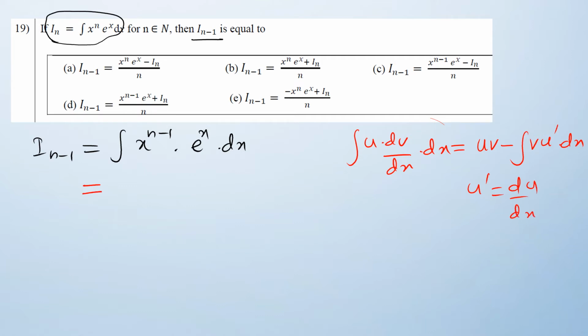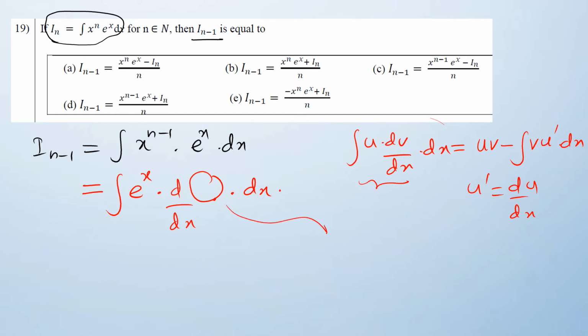So we have to convert this multiplication into u dv form. Let's consider e^x as u. Then we need a function v, such that dv is that function times dx. How can we find this function?